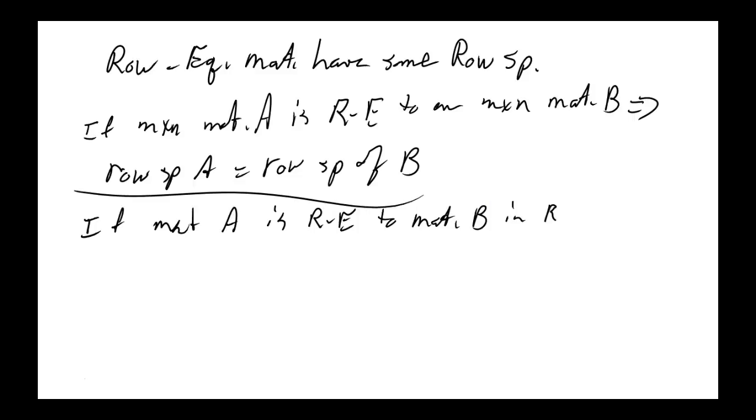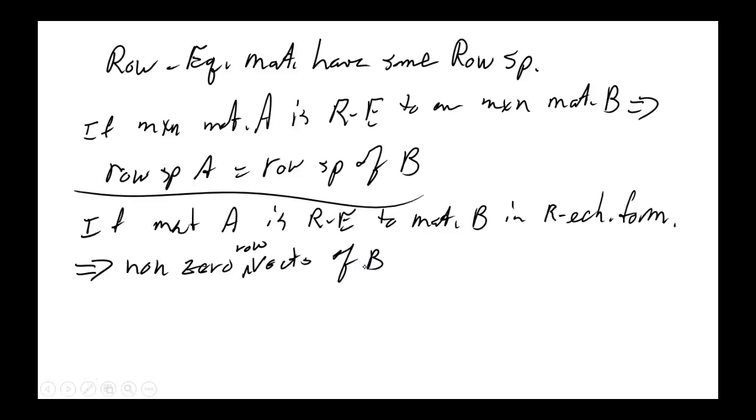Row equivalent and row echelon form, just keep the difference. That's the given. Then that implies the non-zero vectors of B, and those, by the way, are row vectors, non-zero row vectors.